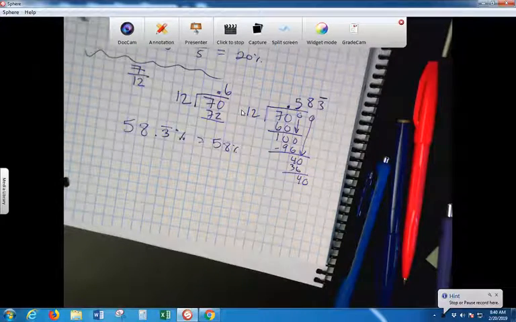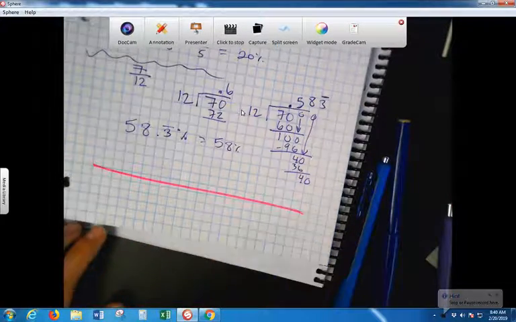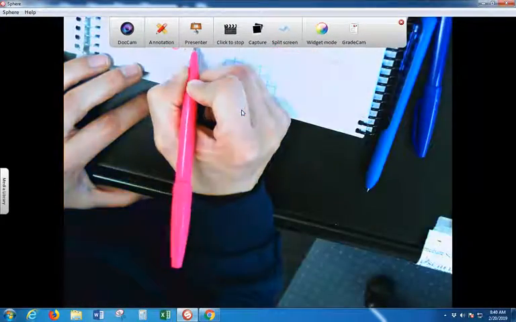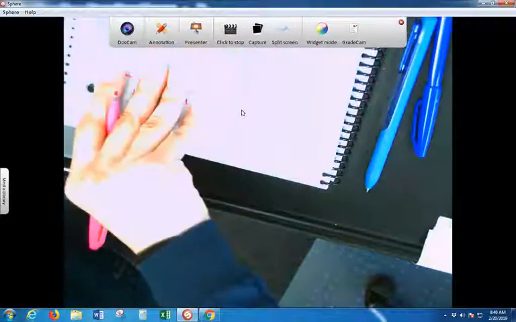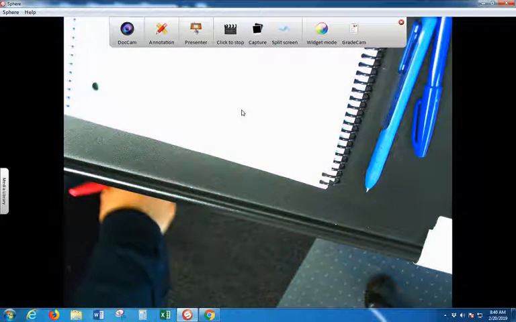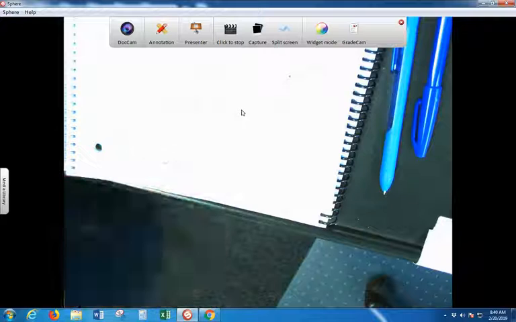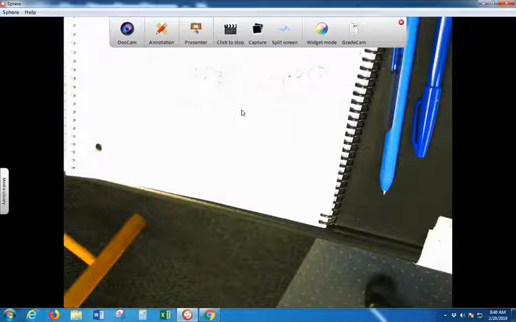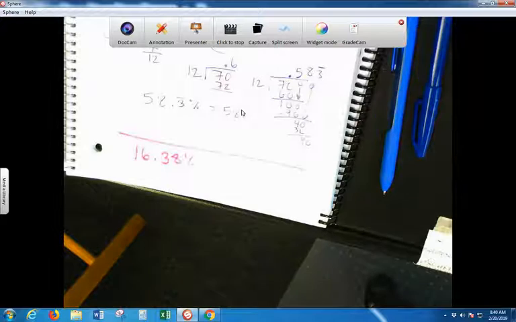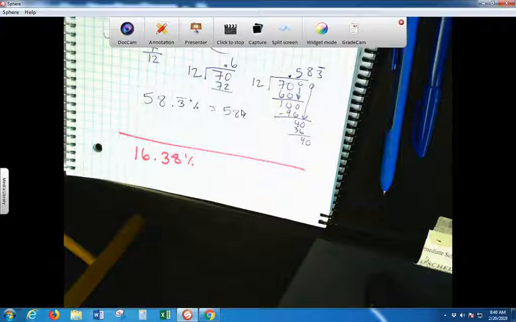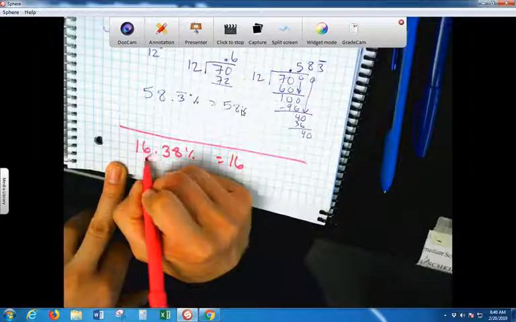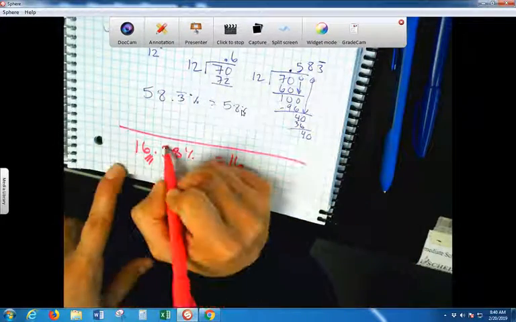So if it was just a review from basic, like, if I had 16.38% and I said, hey, round this to the nearest whole percent, what would it be rounded to? It would be 16, right? Because this is your whole place, your ones place. So what does the 3 tell the 6 to do?